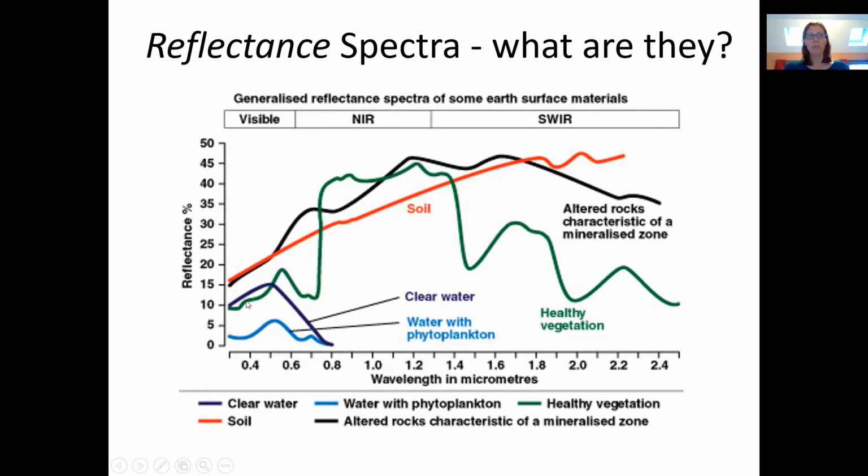Over here is blue, in the middle is green, and over here is red, and then this is the edge at which our eyes cut off, right about here. The reason leaves are green is because they absorb really strongly in the blue and in the red, and those have to do with photosynthesis. There are two types of chlorophyll, chlorophyll A and chlorophyll B, and they absorb really strongly in the blue and the red, and also in the green, just not quite as much.